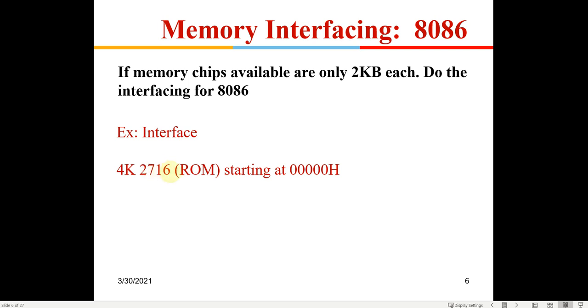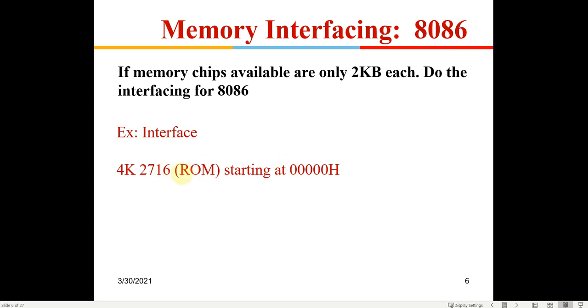The 16 stands for 16K bits, so dividing by 8 I get 2K bytes. So the specification 2716 stands for a 2K by 1 byte memory.